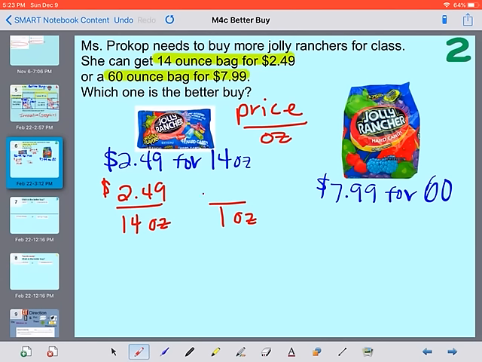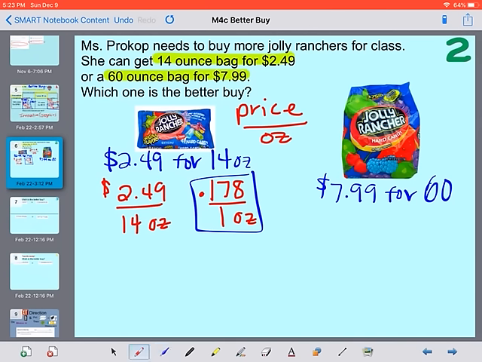I'm just going to list maybe 2 or 3 decimal points. 0.1177 or 78 if we round it. So that is the price per ounce for the small bag, about 17 or 18 cents per ounce.